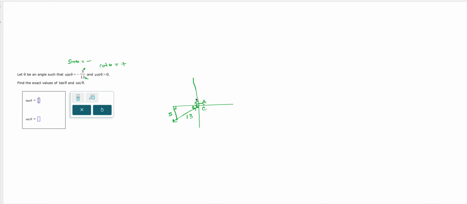So again, I can find the other leg, we'll just call it a, using the Pythagorean theorem. So we can say a squared plus 5 squared is equal to 13 squared. So a squared plus 25 is equal to 169.